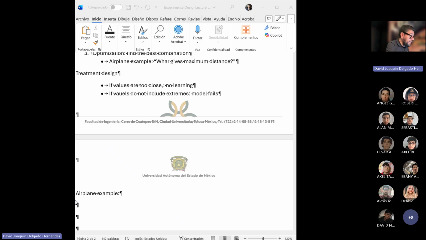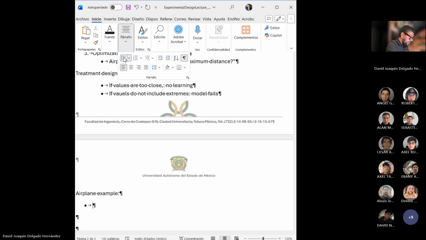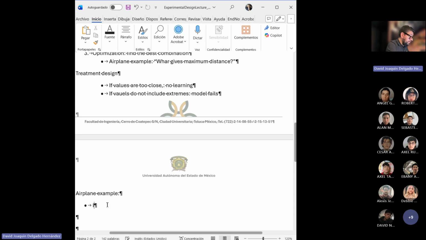So for instance, if I am only testing two different angles, let's say 20 degrees and 25 degrees. So this is useless. This is not very useful.